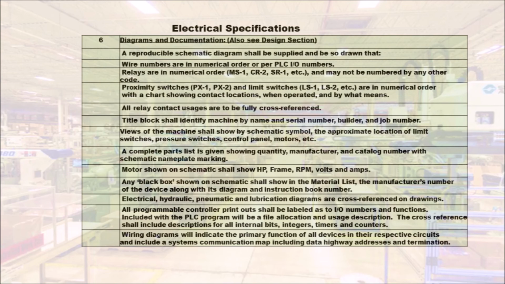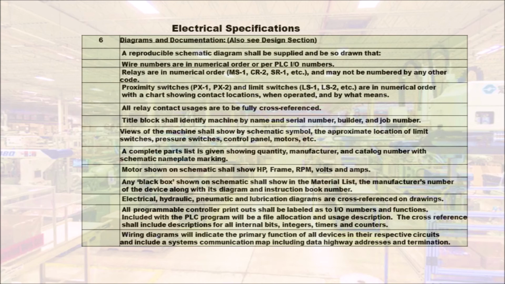A reproducible schematic diagram shall be supplied and be so drawn that wire numbers are in numerical order or per PLC I/O numbers. Relays are in numerical order, MS1, CR2, state route 1, etc., and may not be numbered by any other code.